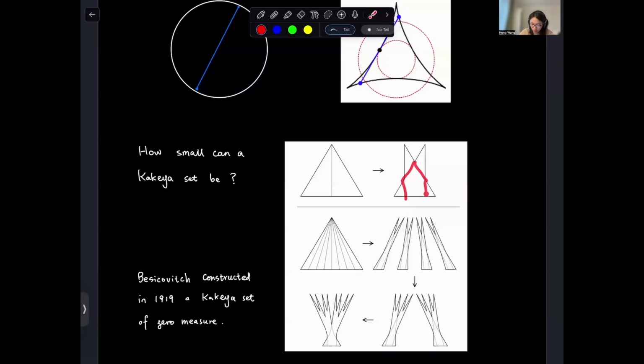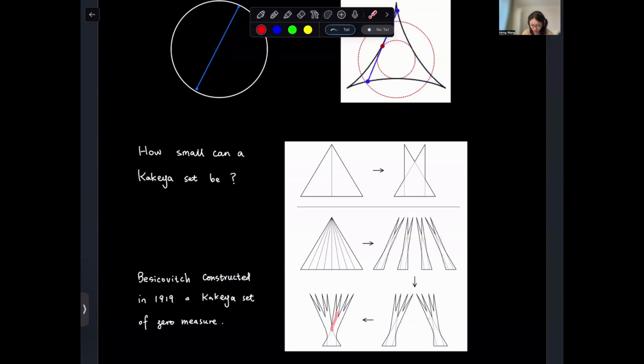Since they overlap a lot, like this shape is repeated twice here and then only once here, the area becomes smaller. You can iterate this idea: decompose the triangle into many small pieces, many smaller triangles, and then you move each pair of the triangles closer and then closer.